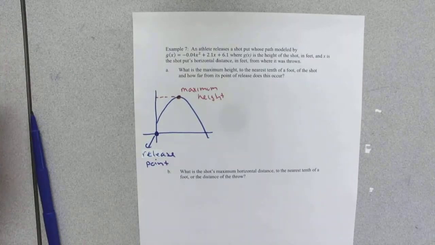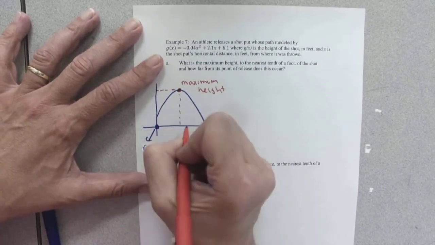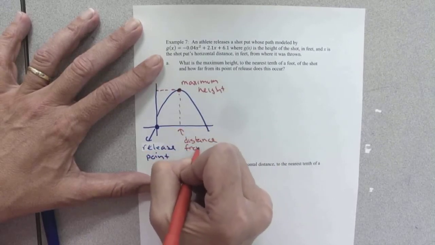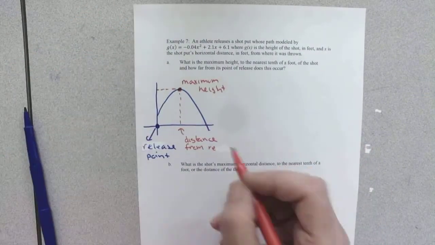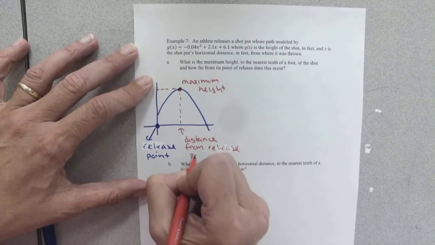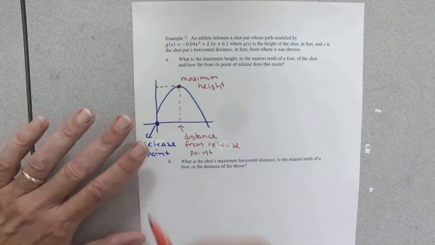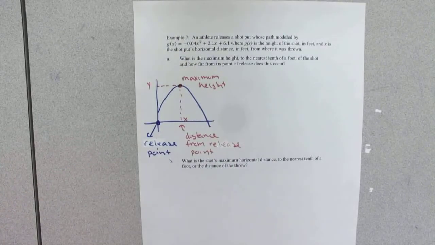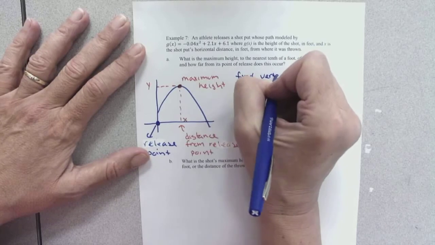And then the part, how far from the release point that occurs, there would be the distance from release point. And so it's just really a matter of interpreting what they want. The maximum height is this y coordinate over here. The distance from the release point is that x coordinate. And so what we have to do is find the vertex.